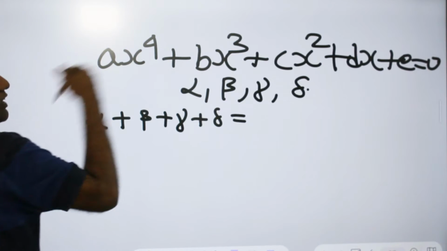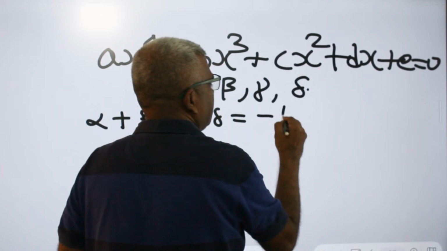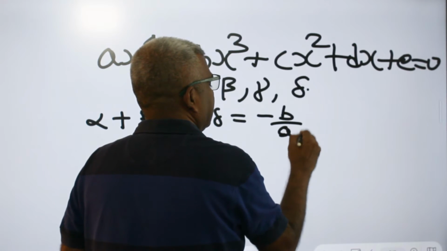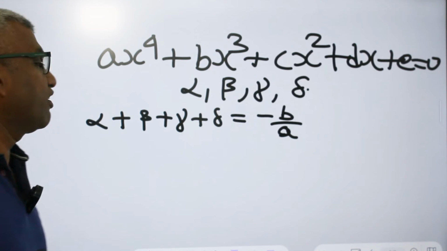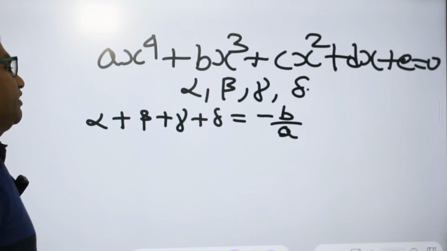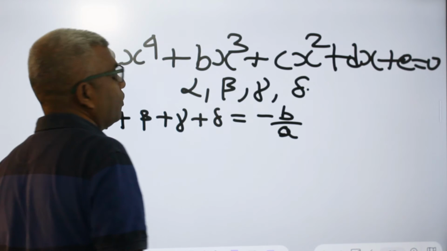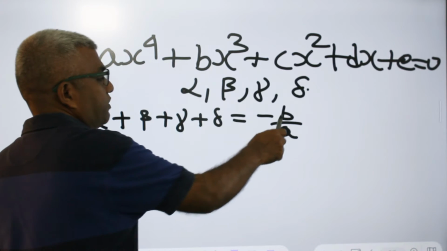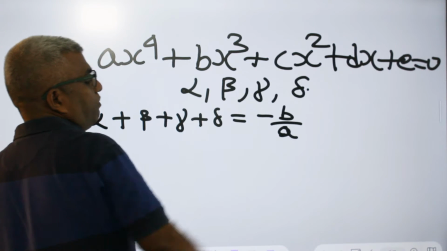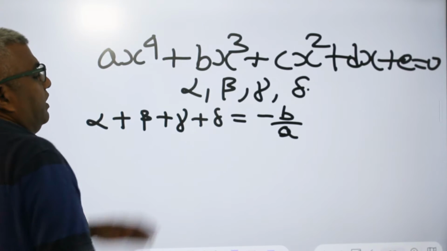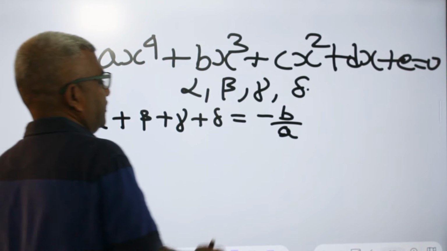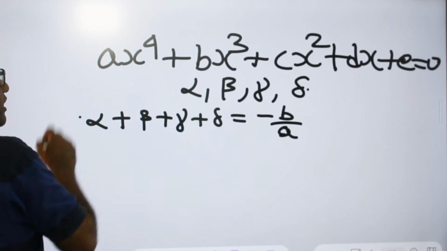I told you the next one always, minus b by a. That is the coefficient of x cube divided by the coefficient of x power 4, we have to put a minus sign. Okay, then these are single roots.